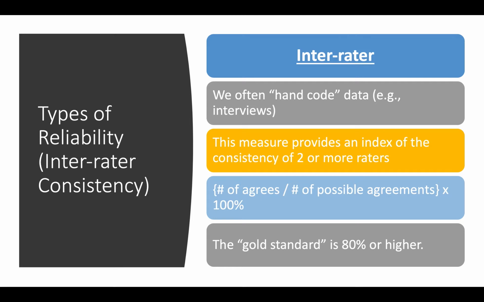Now, the last type of reliability that we're going to talk about today is the inter-rater reliability. So this is very popular, especially when we're coding open-ended results. So just an example here, in my lab, we do vaccination research, and we have an open-ended measure of vaccination prior knowledge.